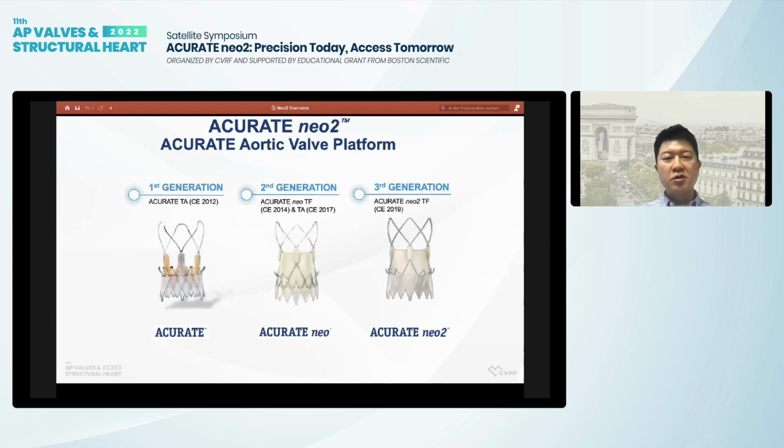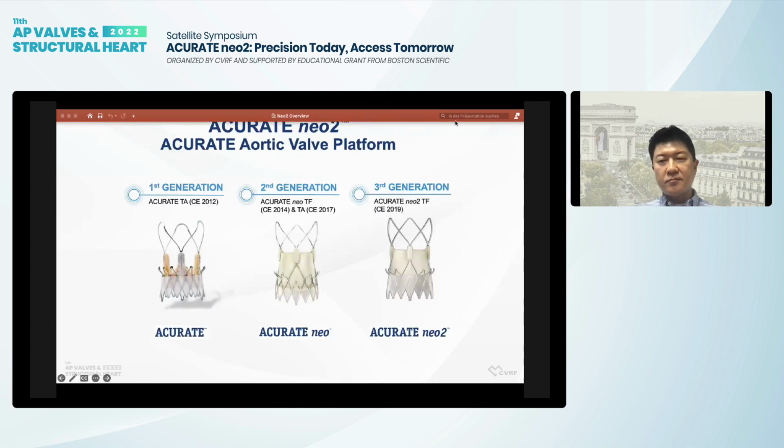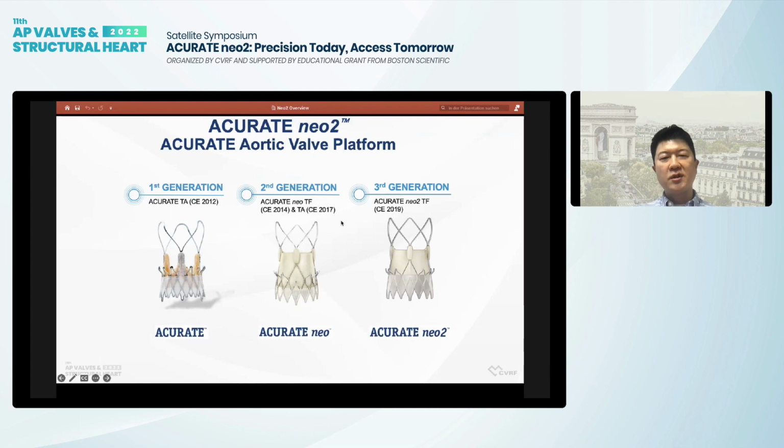These are my disclosures. As you can see, this is the evolution of the ACURATE aortic valve platform. The CE mark trial began back in 2010 with the transapical system, the very first device that we used, with very good results already at that time. Then in 2014 we received CE mark for the ACURATE neo platform, which is slightly different.